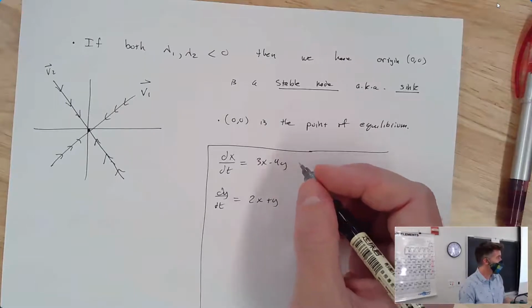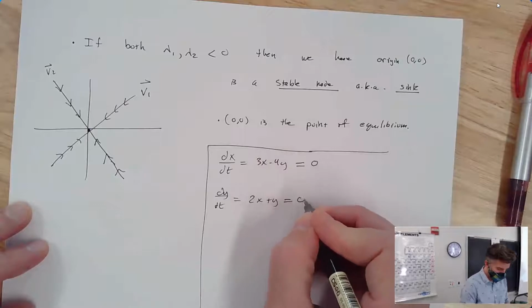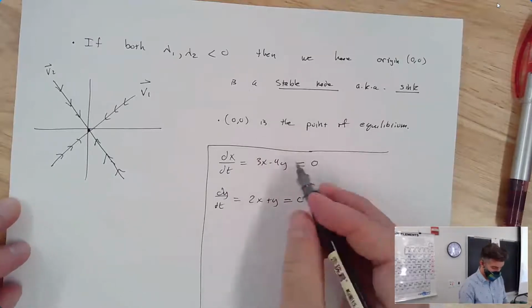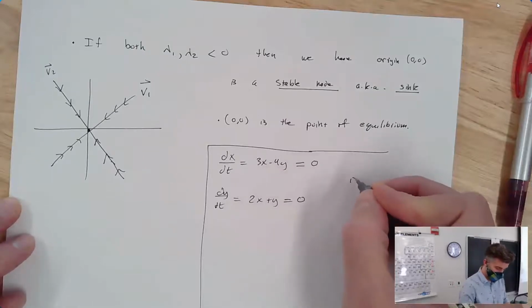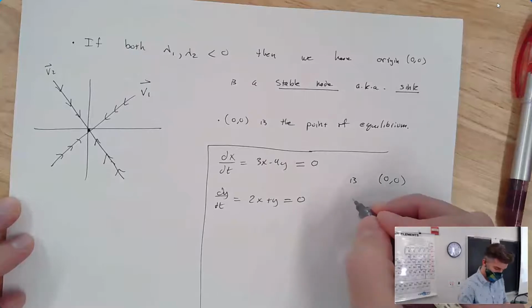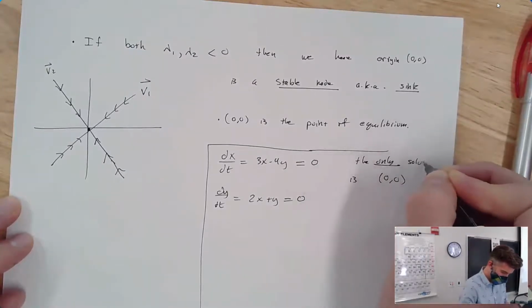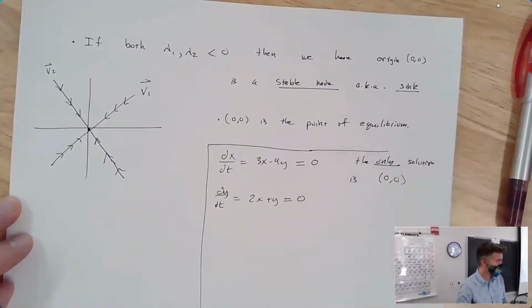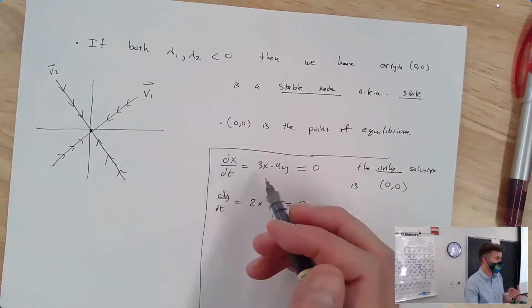And the only place where there's no change is where the derivatives are both equal to 0. And the only point where both of them are equal to 0 at the same time is 0, 0. So that's why the origin is our equilibrium, because it's the only place where nothing is changing.